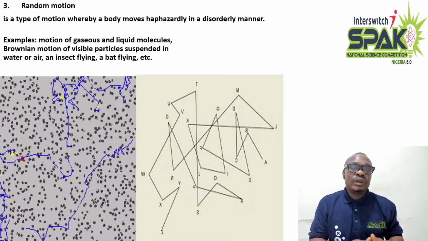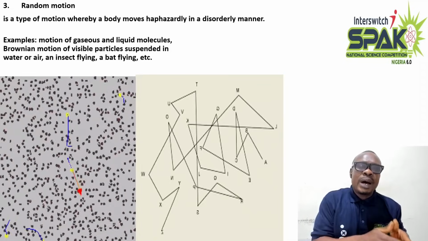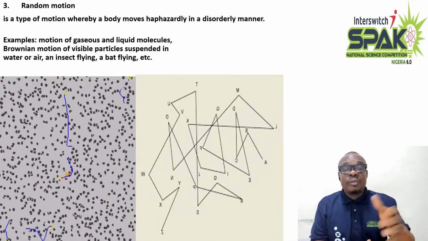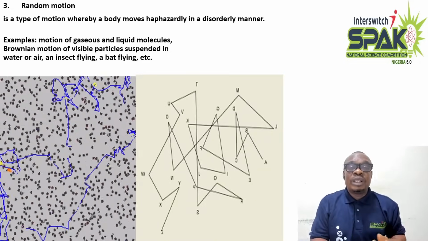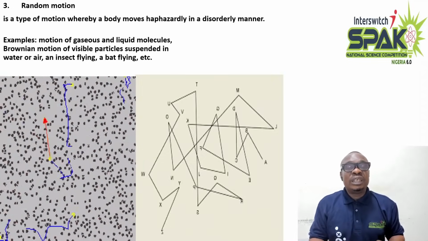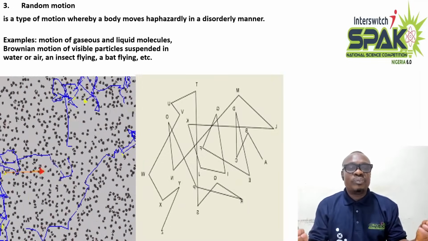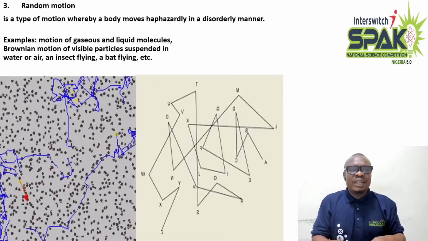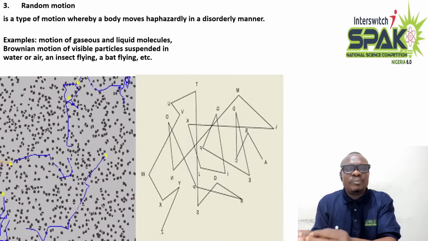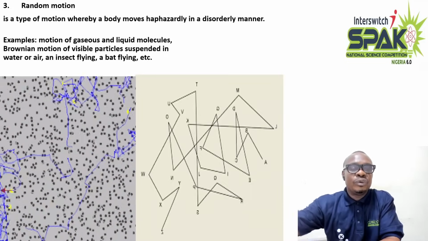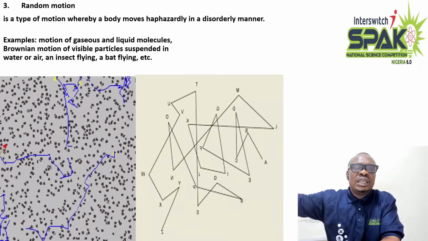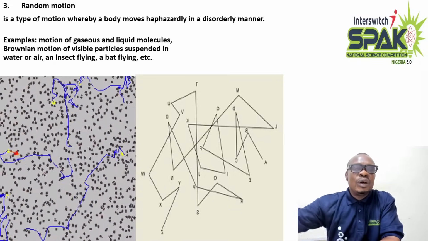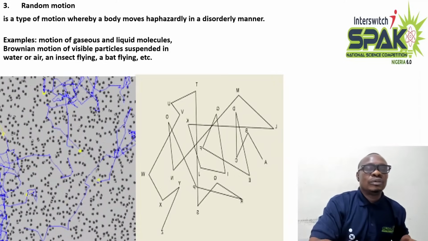Even a man or a woman moving around a crowded marketplace performs random motion, but that man or woman is not microscopic, is not tiny. So Brownian motion is emphasized on tiny particles suspended in fluid, where the random motion is a result of the bombardment of the molecules of the fluid on those particles.